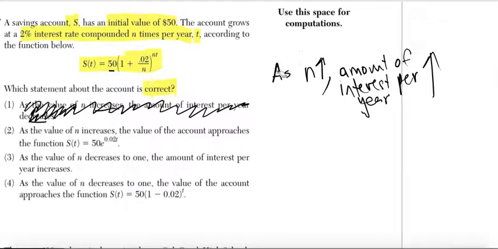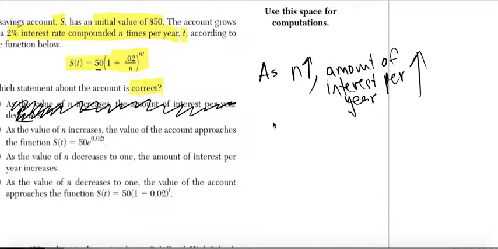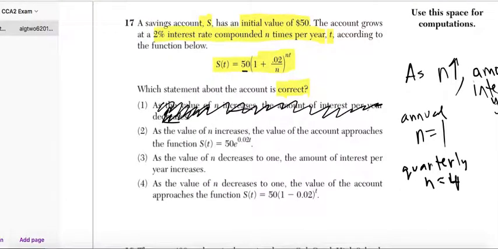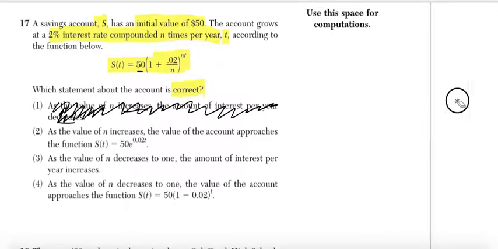Remember, as n increases, the amount of interest per year increases. So if it's compounded annually, once a year, that's called annual, right? Interest is compounded once per year. If it's, let's say, quarterly, that's 4 times per year, n equals 4. Now if it's compounded monthly, remember, as n increases, the amount of interest per year actually increases.